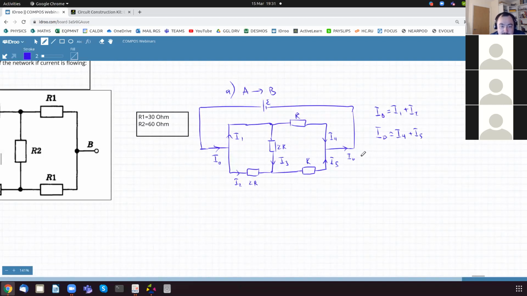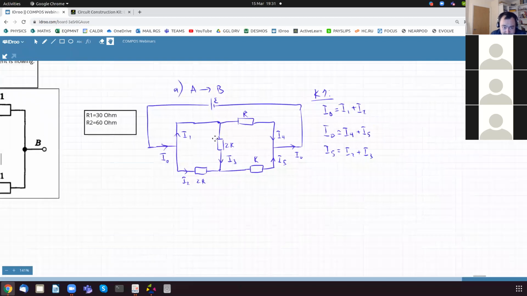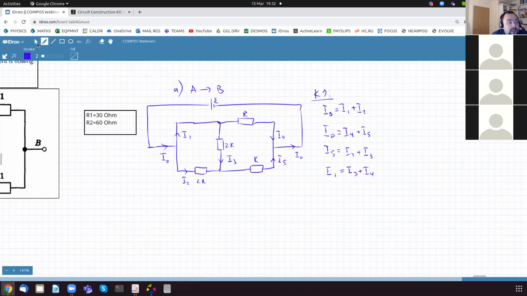And we have I5 is equal to I2 plus I3. So using Kirchhoff's first law, the current law. I only did it for 3 junctions, but for completeness, I'm just gonna write I1 is equal to I3 plus I4. This is for this junction.